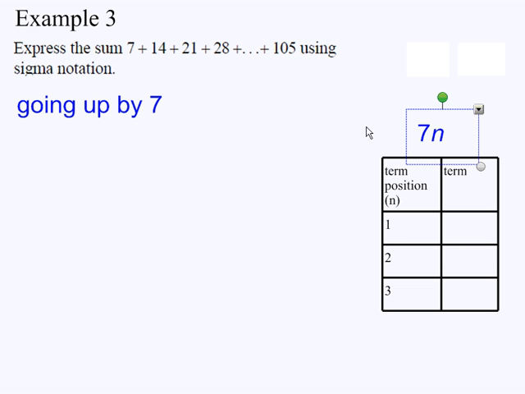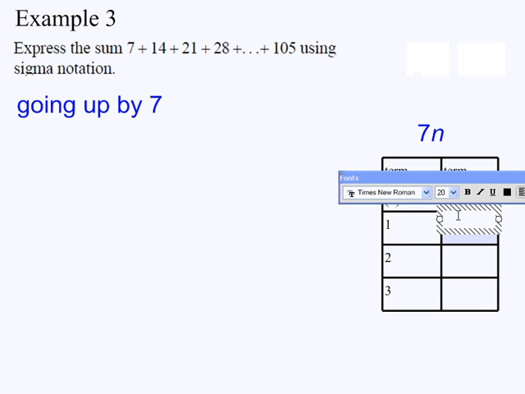And it's always safe to test it to see if it actually works. And let's go ahead and do that now. That's why I have this table here. So we know that the first term should be 7. Let's see if 7n generates that. So 7 times 1 is 7.